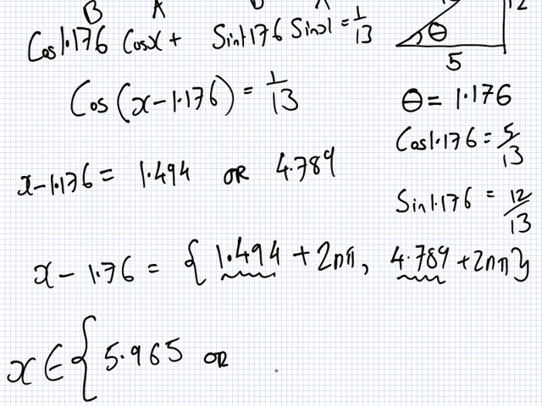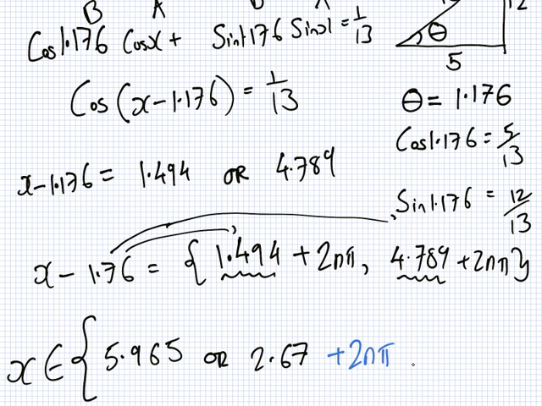What? I'm adding the 1. Wait, that's not right. Is that for this one? 2.67. Okay, what's the other one then? 2.67. Either of these, okay? Yeah, plus 2n pi, where n is an integer.